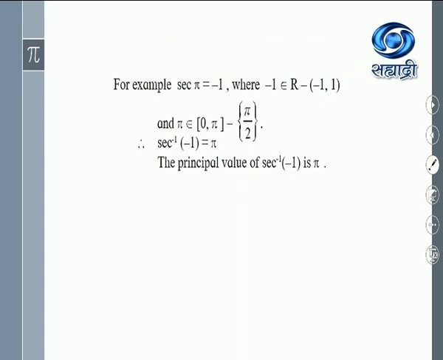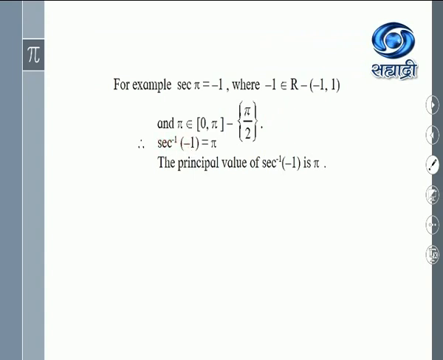If yes, then go on to check this condition. Pi belongs to the closed interval 0 comma pi, minus the singleton pi by 2. This pi means 180 degrees. This 180 degrees obviously belongs to the closed interval 0 to pi minus the singleton pi by 2.